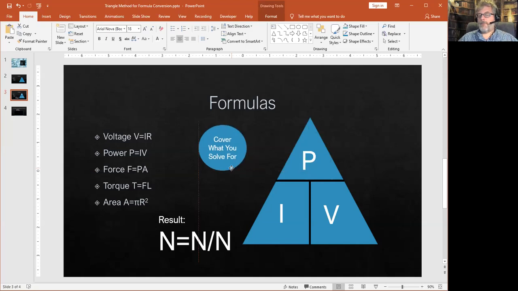Let's say I know what the current is running through the light bulb. I know what the power of the light bulb is, but now I want to solve for the voltage.